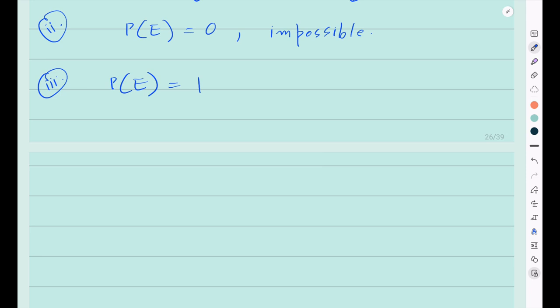And such an event is called certain, meaning it is 100% certain.